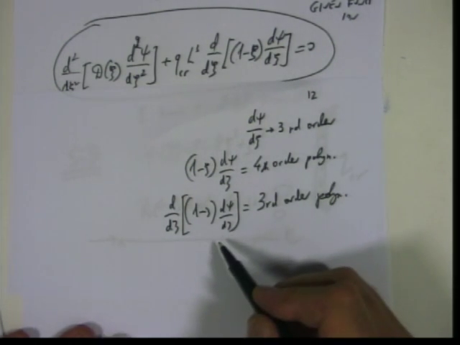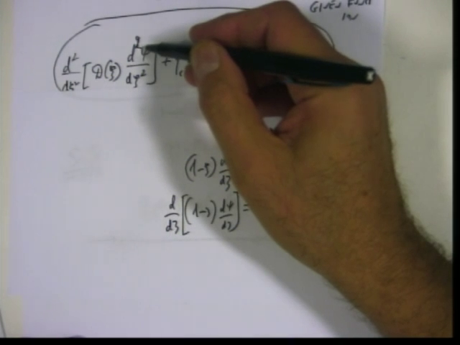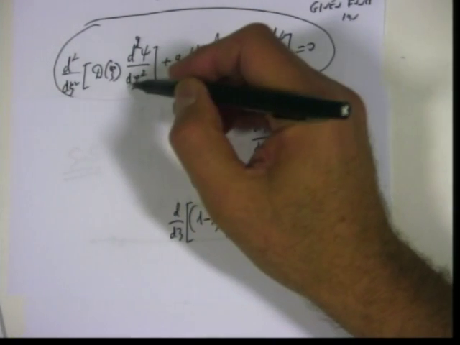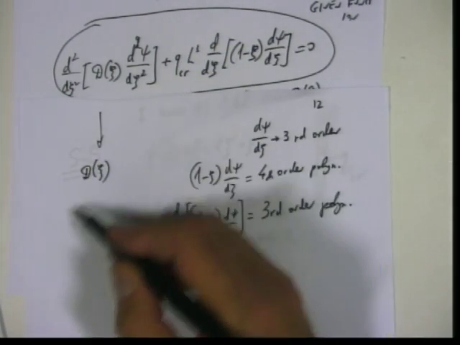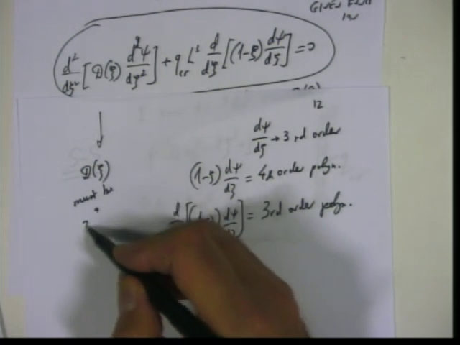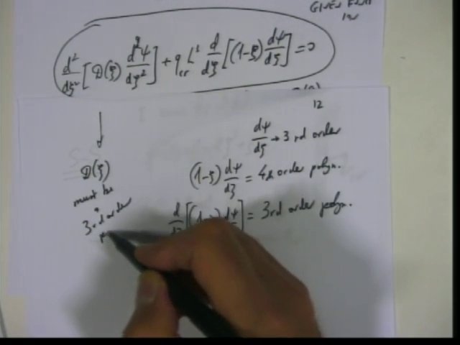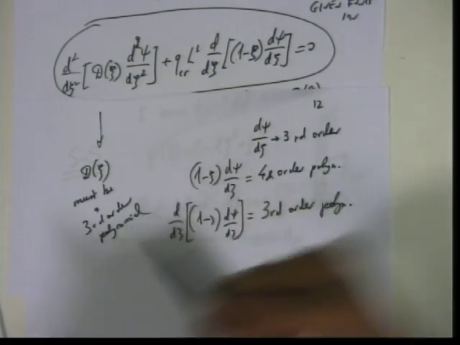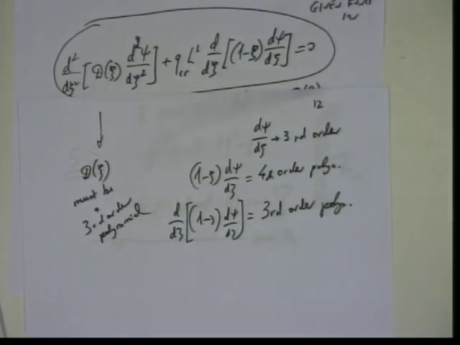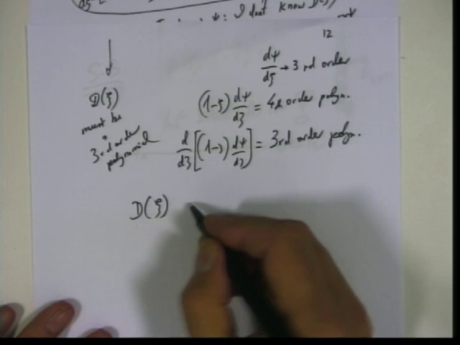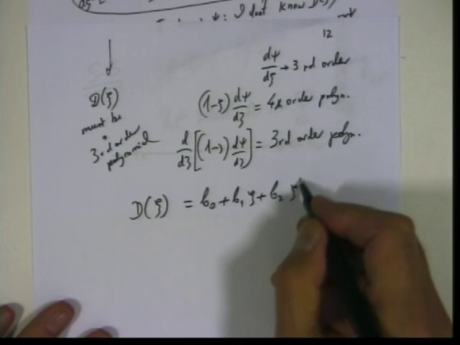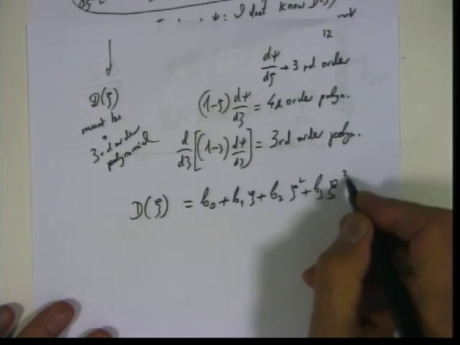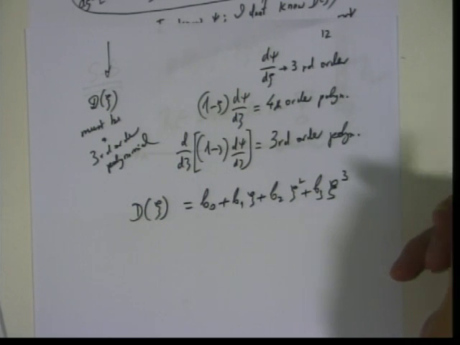Now here this is a fourth order polynomial, differentiated 2 times, so it will be zero order. So therefore d of psi must be a third order polynomial. It cannot be second order as before. So I have to write down d of psi equals b0 plus b1 psi plus b2 psi squared plus b3 psi cubed. That is what should be done.